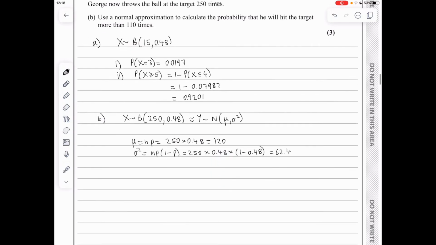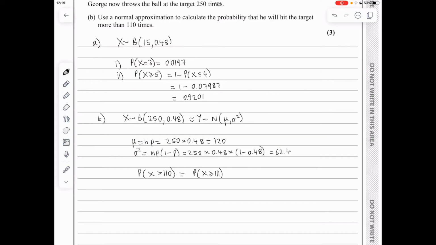We are asked to find the probability that x will be greater than 110. We know that x is a discrete random variable, and we will be approximating this with a continuous random variable, so we need to apply a continuity correction. One way of doing this is writing two probabilistic statements, one with a strict and the other with a relaxed inequality. So if I want to be strictly greater than 110, it's the same as being at least 111.